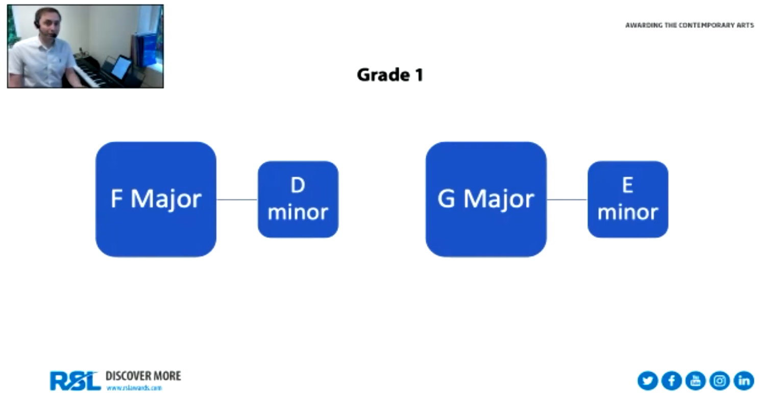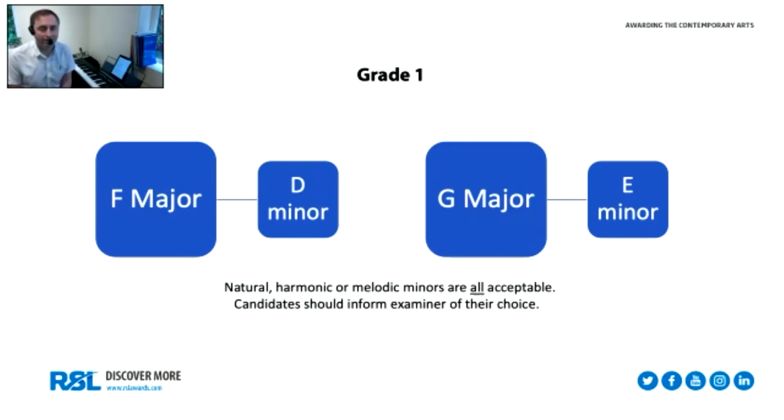Now for grade 1 and beyond, if students like preparing natural minors, they are quite straightforward to learn, then they can do. However, if you would wish to teach harmonic or melodic minors instead, that's perfectly fine, and you can. All of those 3 flavors of minor scale are absolutely fine.